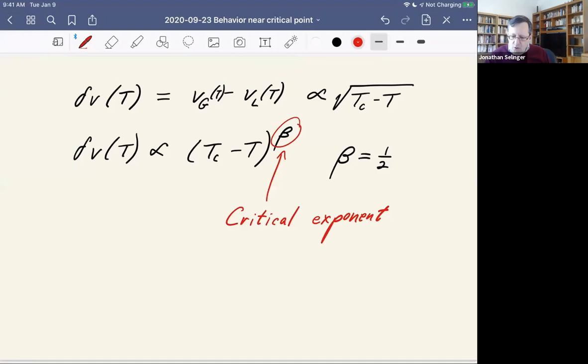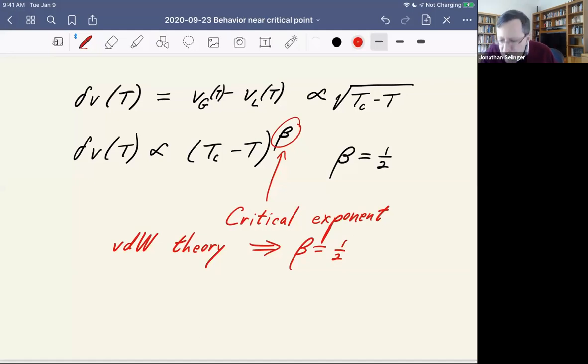And van der Waals theory is making the prediction that beta is equal to 1/2. And that's a prediction which doesn't depend on the parameters like A and B. It's just a number, 1/2.